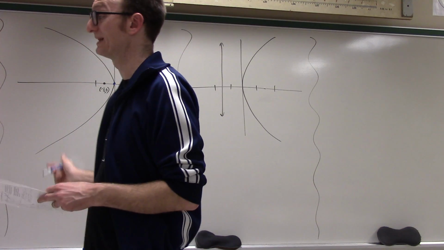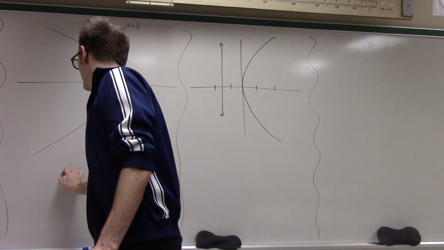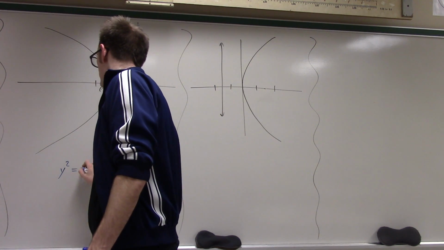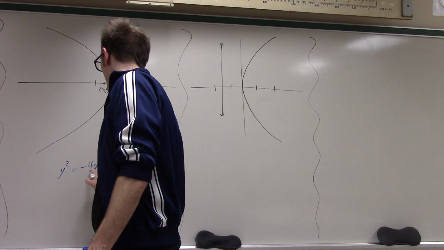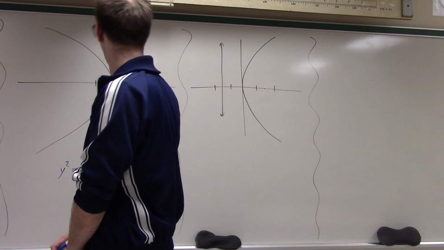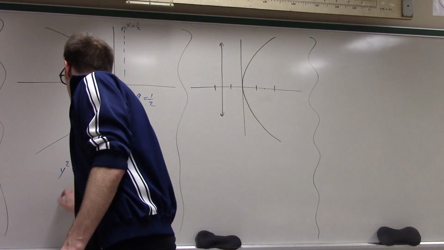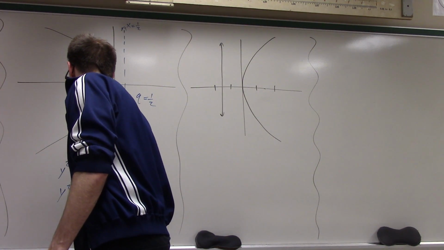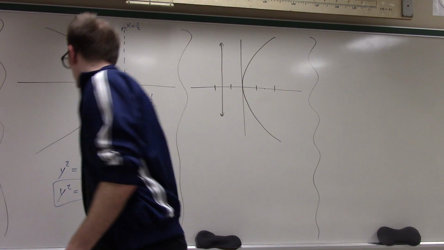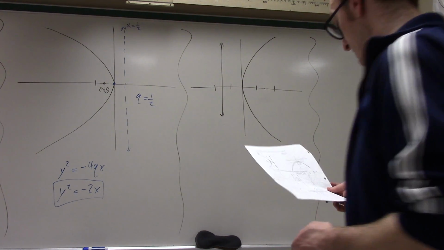If it's opening left, then it must be in the form y squared equals negative 4qx. And Q is 1/2. So this is just y squared equals negative 2x. Boom, boom, boom.